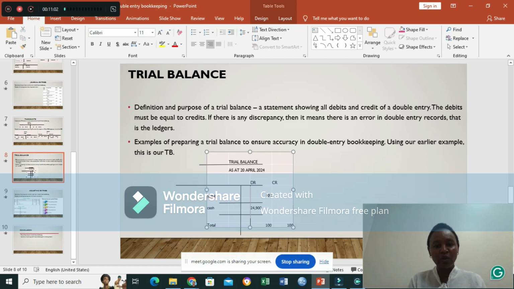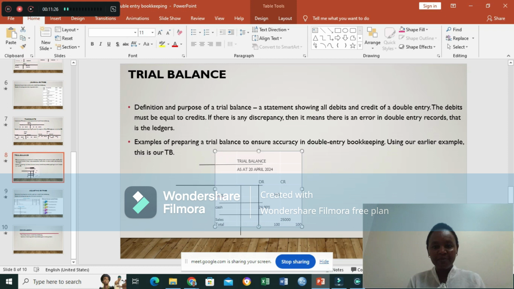And then we will also have our sales here, which are 25,000. So when you balance off, this 100 plus 24,900 will be equal to 25,000.